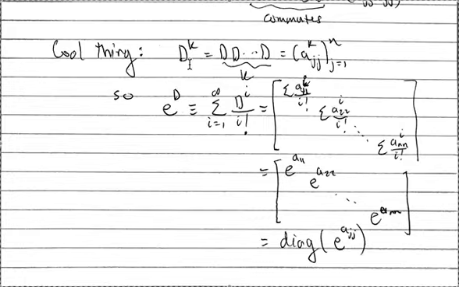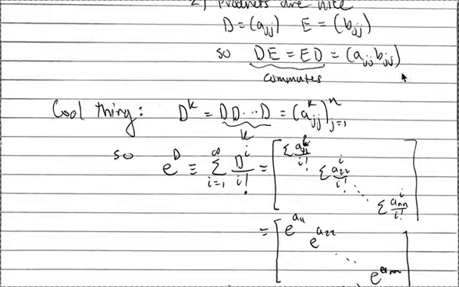So the same thing's going on here. But once you have that, if you have D to the first, we know what that means. D to the second, D squared is just D times D, so on and so forth. But using this rule up here, if you multiply D times D, you just get a_jj squared. And so similarly, if you have a kth power of a matrix, then you're just raising the entry along the diagonal to the kth power.